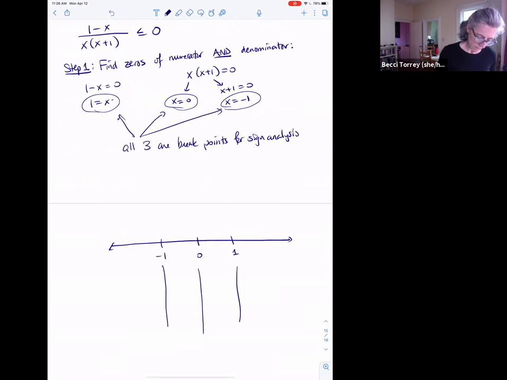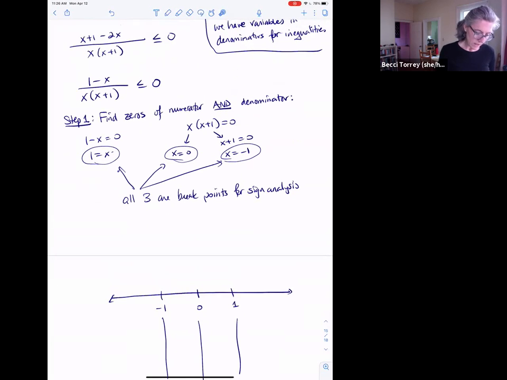Drop down some dividers. Another thing to notice is that we're doing less than or equal to, so equal to 0 is okay. x equals 1 gives us something equal to 0, so that one will be a solution no matter what. I'm going to do a closed dot here to remind myself that this is a solution.